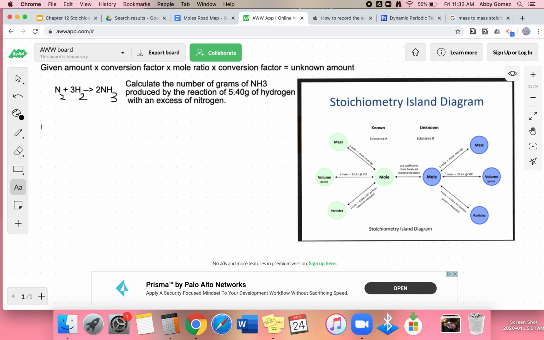So we are going to start with our given amount. Our given amount is 5.40 grams of hydrogen. Now, my subscripts do not work on this whiteboard, so I'm just going to go ahead and write the big 2 after the hydrogen because it's important for you to remember that there are 2 hydrogens in this chemical equation here.